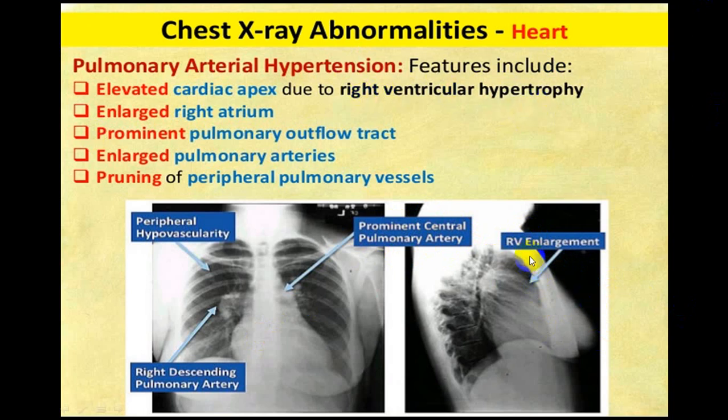The retrosternal space will be filled up, and that is because of RV enlargement. So, try to look in a lateral field whenever you suspect pulmonary hypertension. In this AP window, this is aortic knuckle, this is AP window. If the AP window is full, it is packed, then suspect pulmonary hypertension.